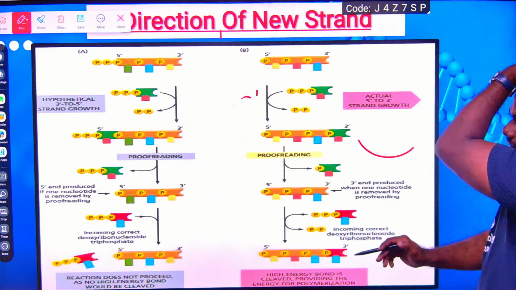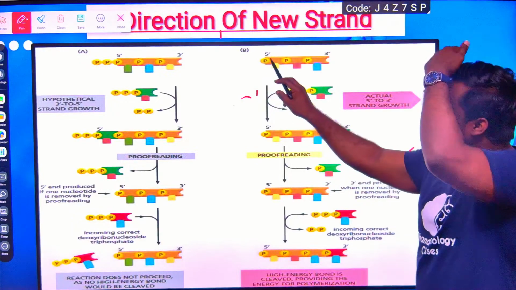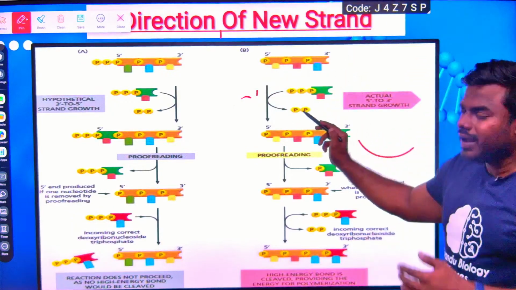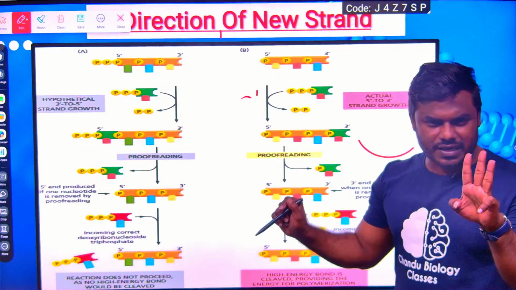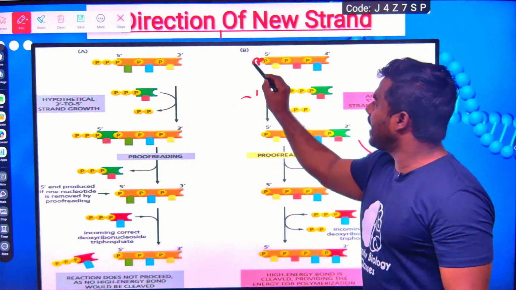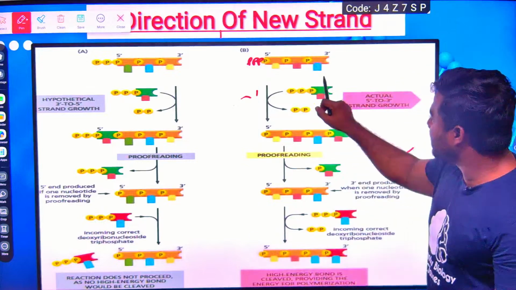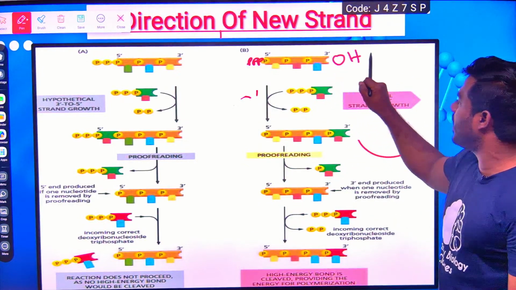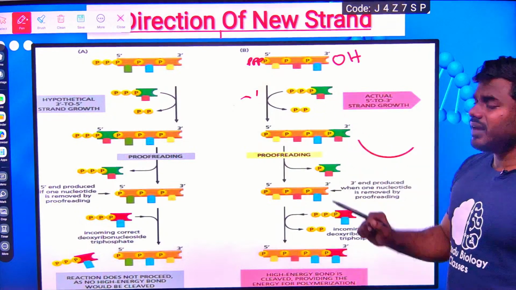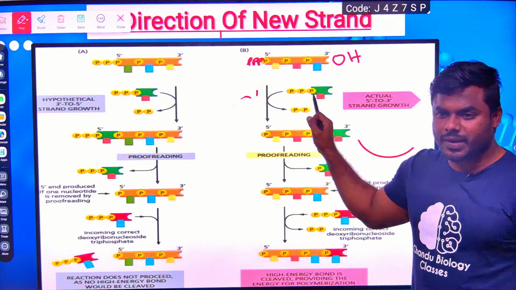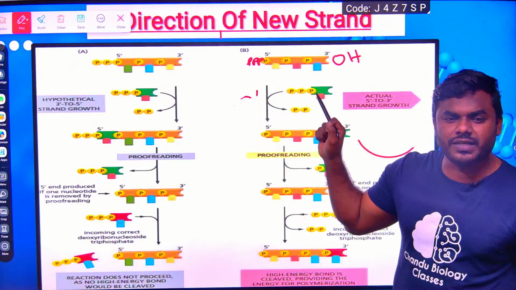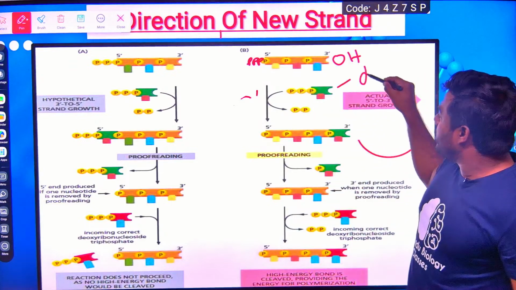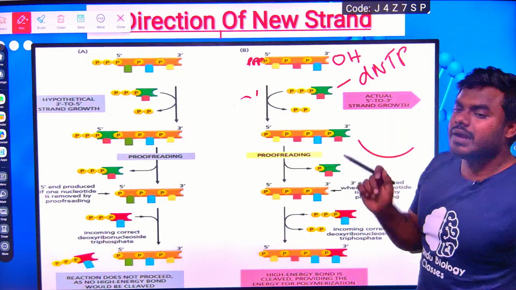Now tell me, Kavana, here. This is what? 5 prime to 3 prime, correct? At the 5 prime end, how many phosphates are there generally? 3. Very good. Alpha, beta, gamma. What does the 3 prime end contain? OH group. Wonderful. Now tell me, what happens now? A new nucleotide is coming. I always told you, the new nucleotide comes in the form of dNTP.